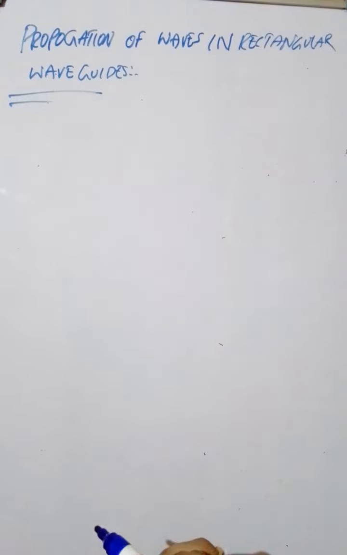Here the rectangular waveguide is situated in a rectangular coordinate system with its breadth along the x-axis along with the y-axis, and the wave is assumed to propagate along the z direction.